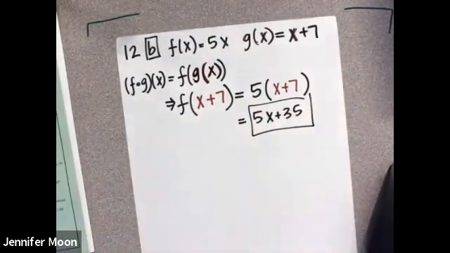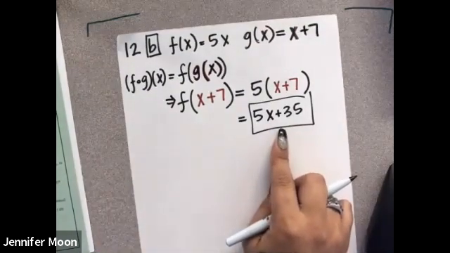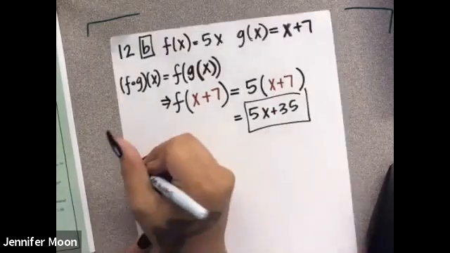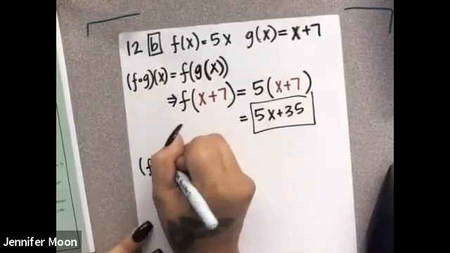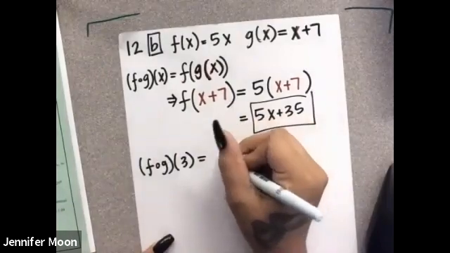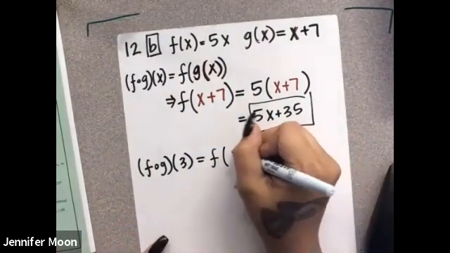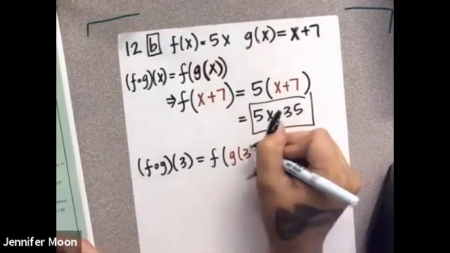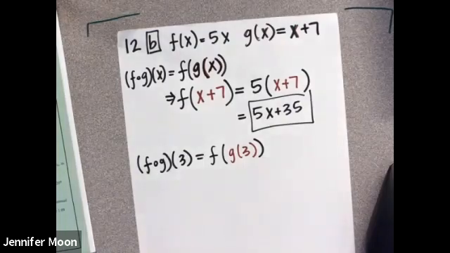Okay, so it then tells you to find g of f of x, but what I want to do first, since I already found f of g of x, is look right here where it tells me to find f of g of 3. There are two different ways you can go about this.